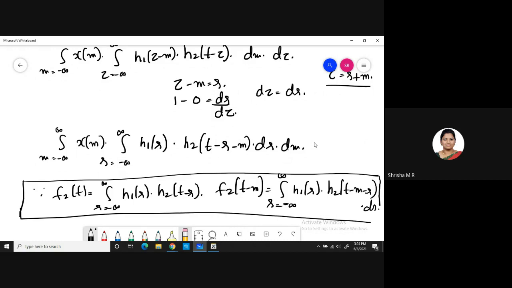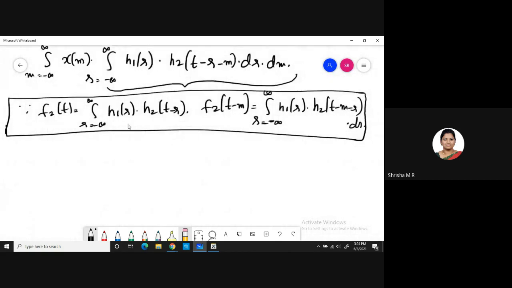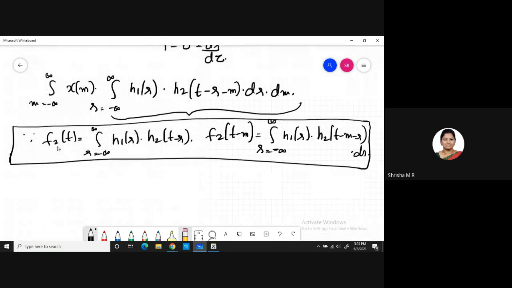So this resembles f2 of t minus m, this whole equation. Yes or no? In f2 of t, I am replacing t with t minus m. That's it. Okay.